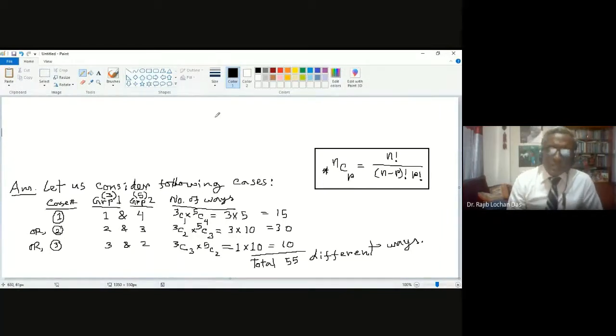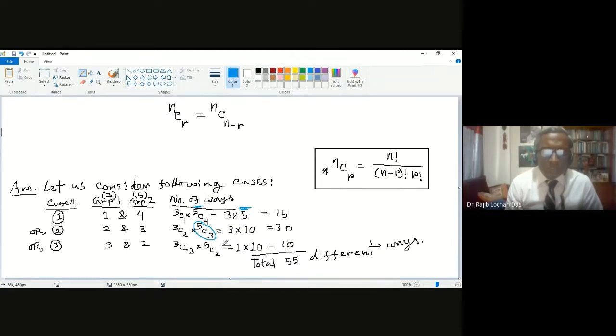That is, NCR is also equal to NCN minus R. So how did I understand quickly that 5C4 equal to 5? How could I understand this thing quickly? 5C4 equal to 5.